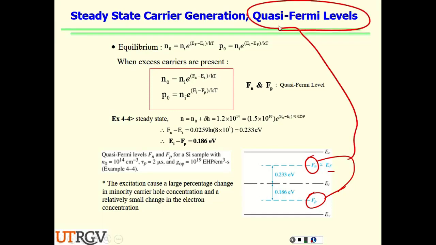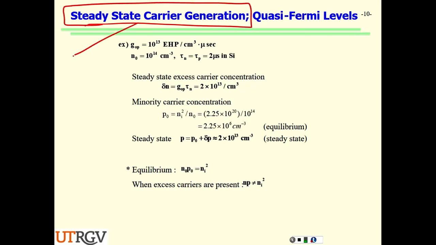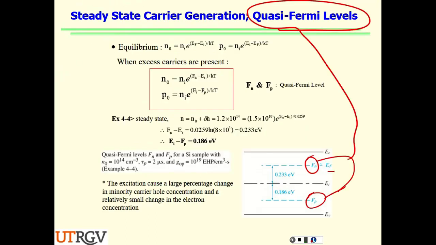So when do we have quasi Fermi levels? When we have steady state optical generation, or it can be by any means, but the bottom line is when we have steady state carrier generation, which more generally we can call excess carrier concentration, where both n-type and p-type carriers are being created. In that case, that is depicted by the presence of two Fermi levels, one depicting the presence of n-type carriers, the other depicting the presence of p-type carriers.